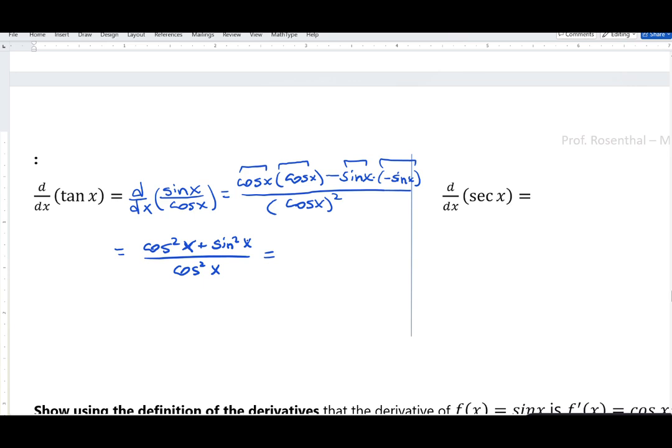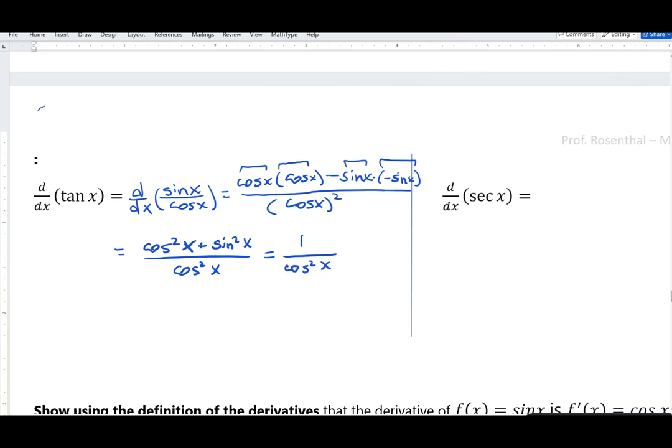Do you remember from your trigonometry classes the identity cosine square x plus sine square x equals something? Do you remember what that something was? Okay, so if you remember that as 1, you are absolutely correct. It's one of the most important trigonometric identities you learn in that class. So here we have 1 over cosine square of x.